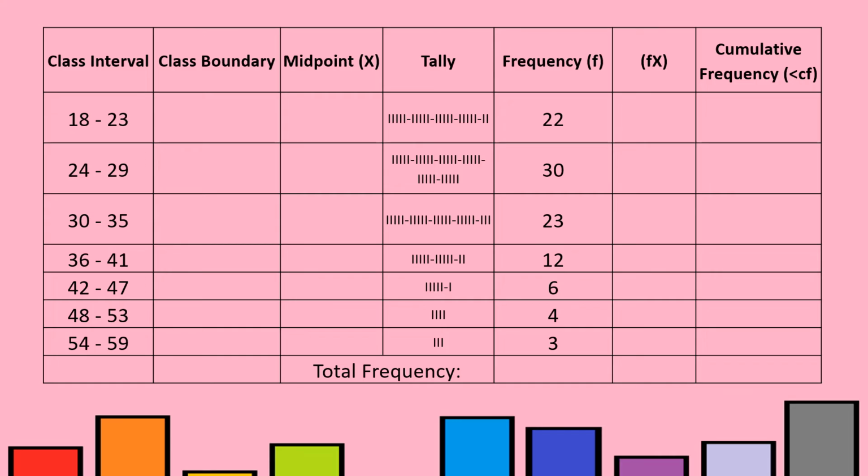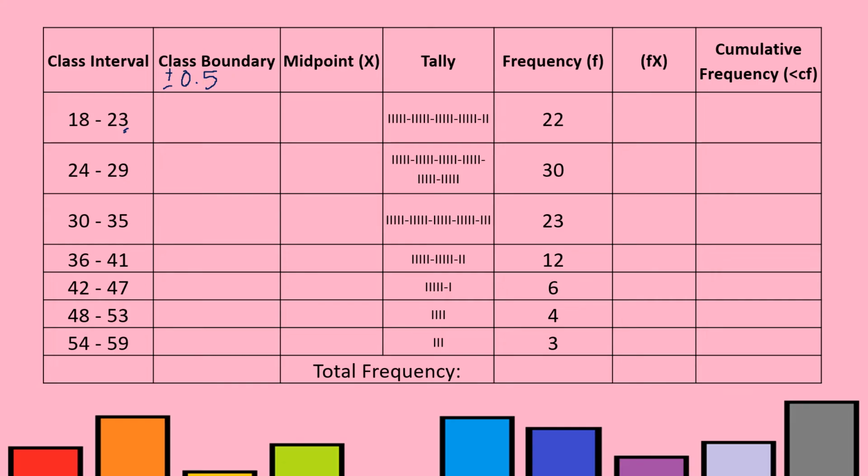How are you going to fill out this table? When we say class boundary, it's the lower and upper boundary of the class interval. So for the lower, you will just subtract 0.5, and for the upper, you will just add 0.5.